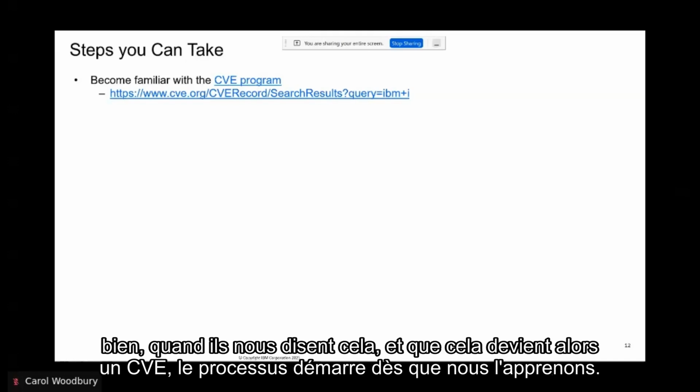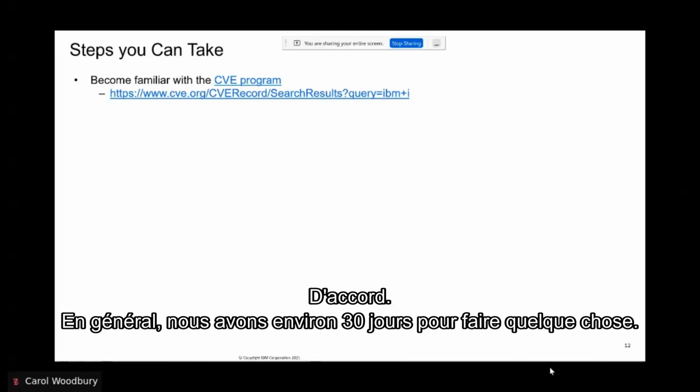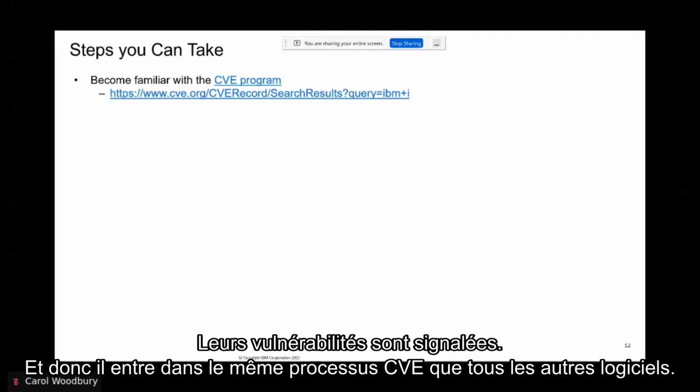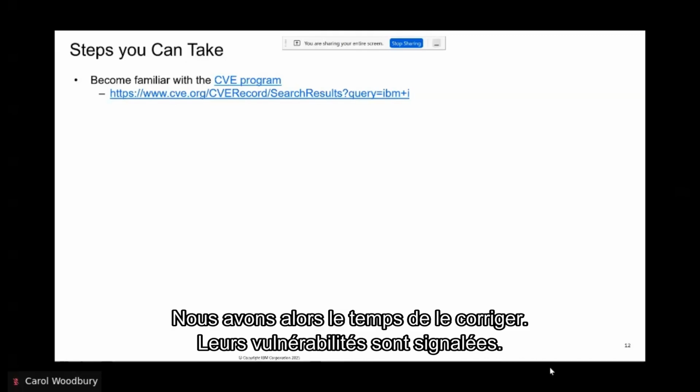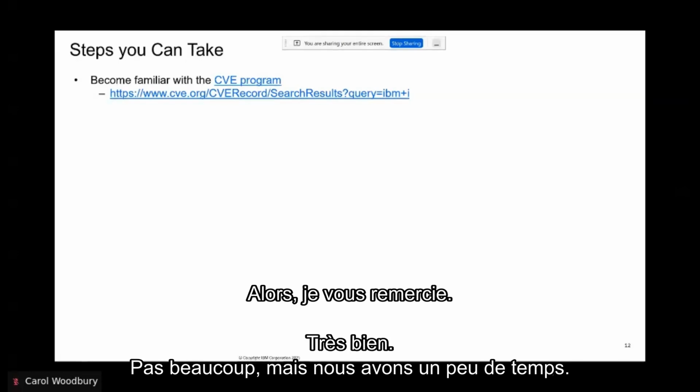Generally speaking, we have about 30 days to get something done. It goes into the same CVE process that every other piece of software has their vulnerabilities reported against, and we have time then to fix it. Not very much, but we have some time.